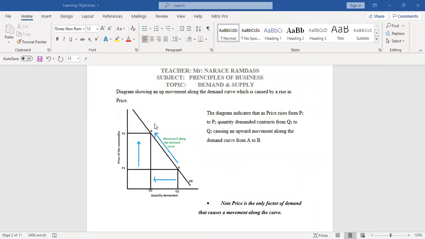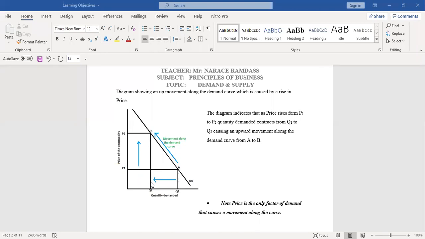I hope you all are taking notes as we talk, yeah? So you will have it, right? Let me just repeat that. As price rises, it causes a contraction in quantity demanded. And when price falls, it causes an extension in quantity demanded. So the keywords when you're answering the question are contraction and extension. Remember that, okay?